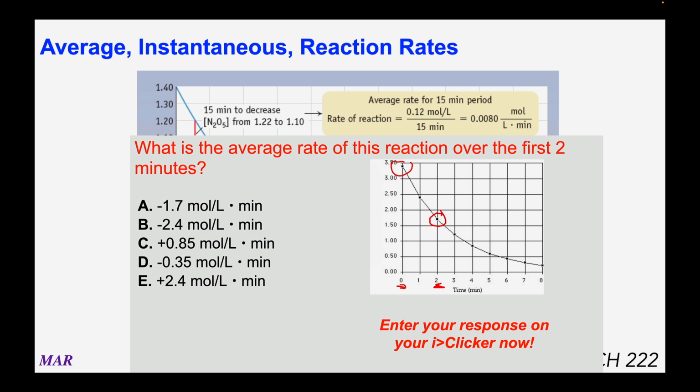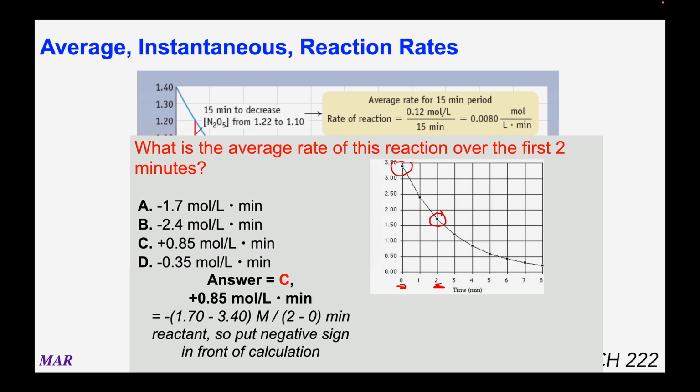It'll be 2 minutes. So if you calculate this, you'll have negative for the reactant, 1.7 minus 3.4. Those are the concentrations at 2 minutes and 0 minutes. And then in the denominator, you'll have 2 minus 0. That's delta t, the time elapsed. Throw that on your calculator, and 0.85 molar per minute is the speed.